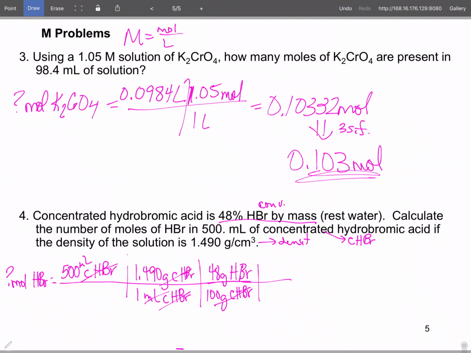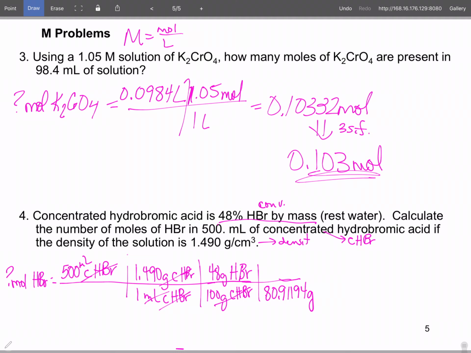So now my grams are gone, and now I need the molecular weight. Oh, wait, I'm looking for moles. I have the grams. So, yeah, I still need the molecular weight, which is 80.91194 grams.